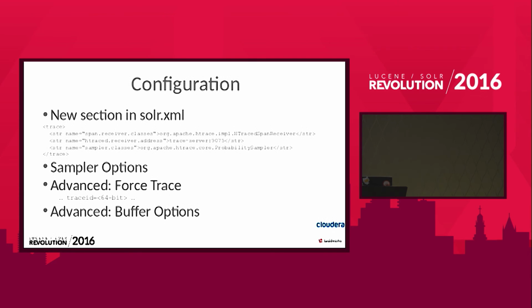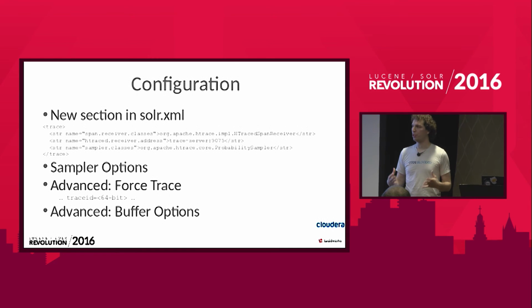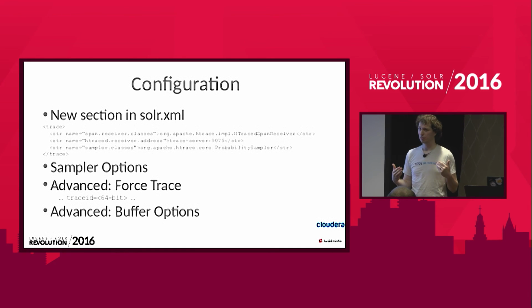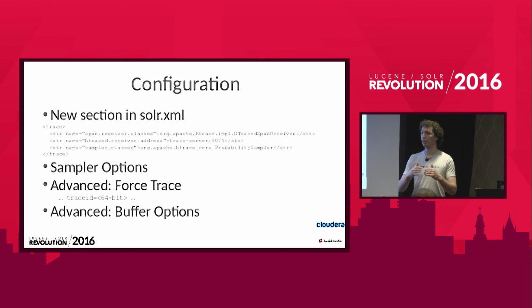I don't know what the upper limit is, how many nodes we can do at a probability sampler of 1%. I think that's on the order of hundreds of nodes, but I haven't thrown a system at it for 24 hours to check that. As you get more nodes, you decrease the probability sampler to adjust your volume appropriately.